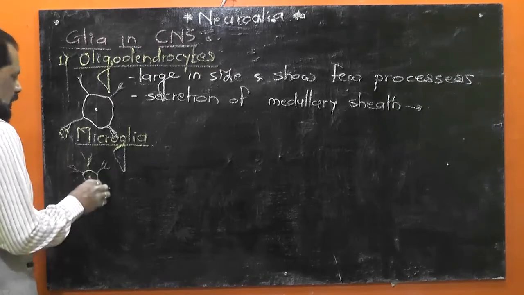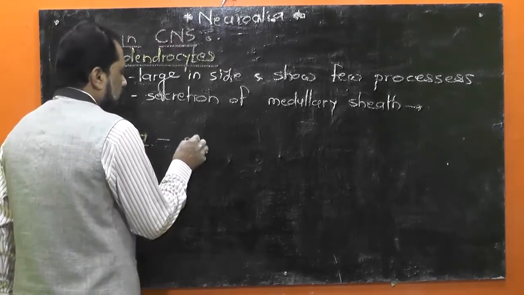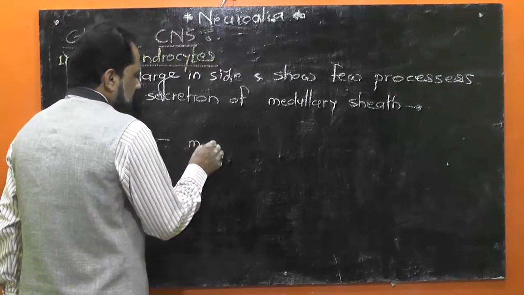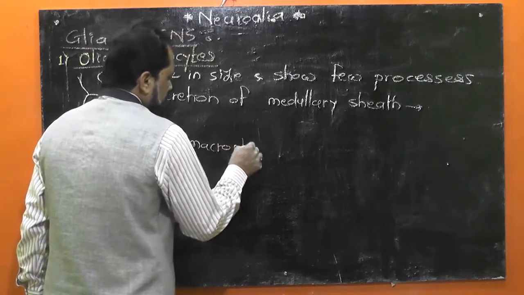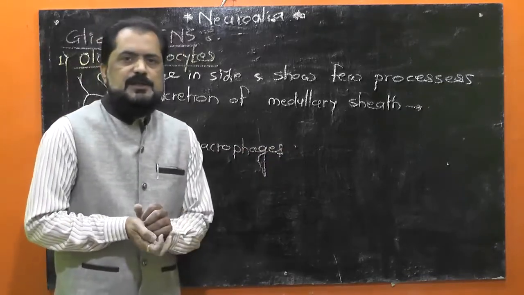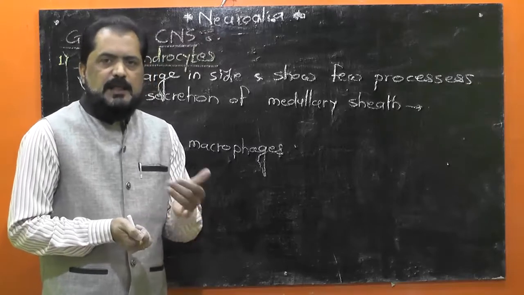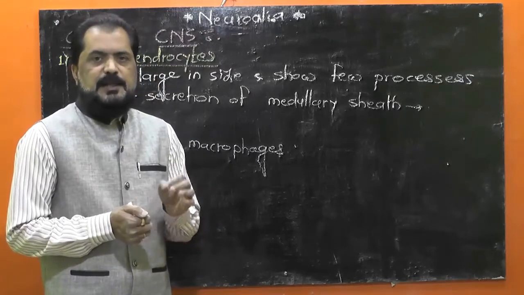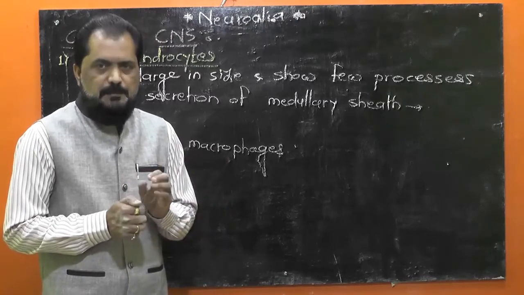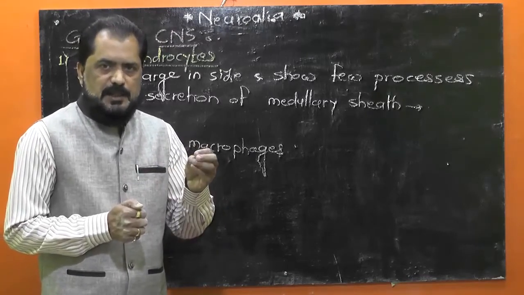Actually, these microglia are phagocytic in nature. Microglia act as macrophages. It means these microglia reach the site of injury and engulf and digest the dead nerve cells as well as cell debris. Means these are phagocytic in nature.